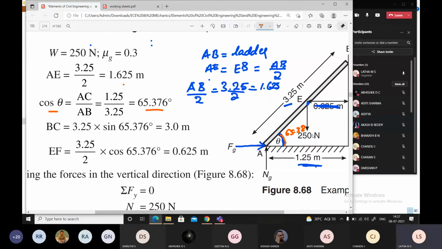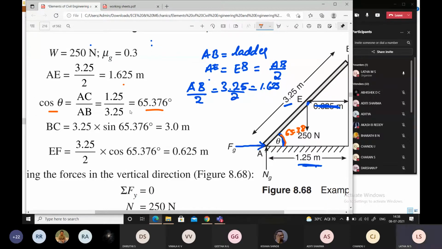Ma'am, 67.38, ma'am. The angle of theta? Ma'am, 67.66, ma'am. 1.25 divided by 3.25, cos inverse.